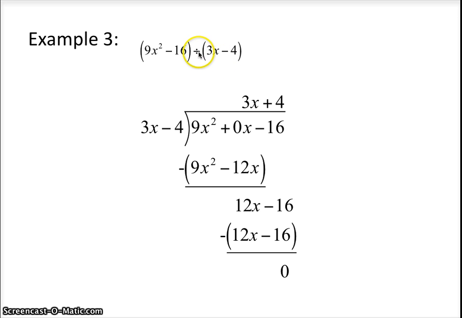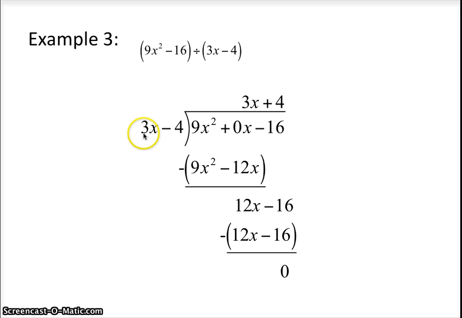Alright, so now we can see that when we divide it, we have our place value of 0x holding the spot, and we're saying 3x times 3x minus 4, so we get 9x squared minus 12x. Subtract that from the line above and you get a positive 12x. Carry down your minus 16, and now repeat.